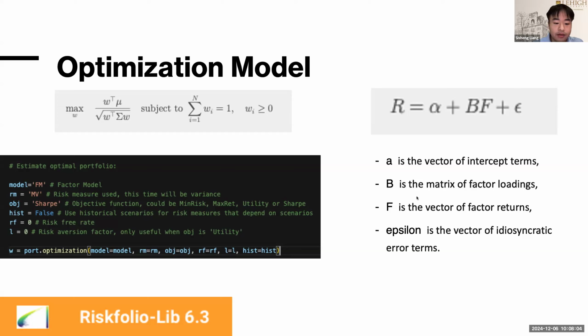On the right side is the factor model that I'm using in this project. In the equation, alpha is the vector of the intercept terms, B is a matrix of factor loadings, and F is a vector of factor returns. Epsilon is the error term. This ensures we are incorporating the factors efficiently into our portfolio.